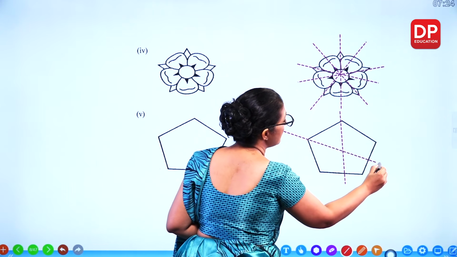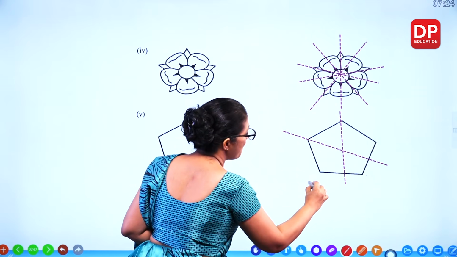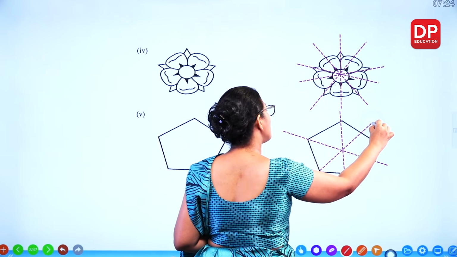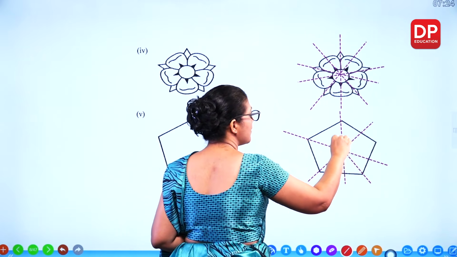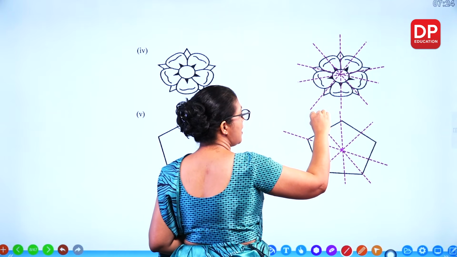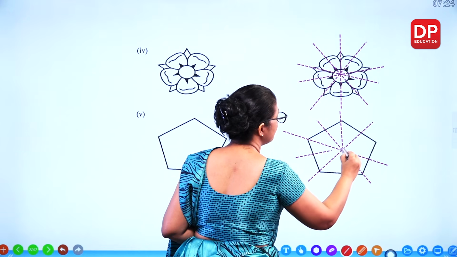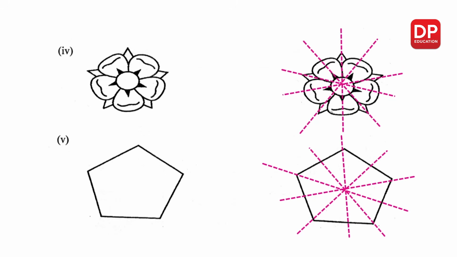You can draw a line this way. Here also you can divide into two equal parts. And here. So you get again 5 lines. This line also possible. So you get 5 symmetric lines.